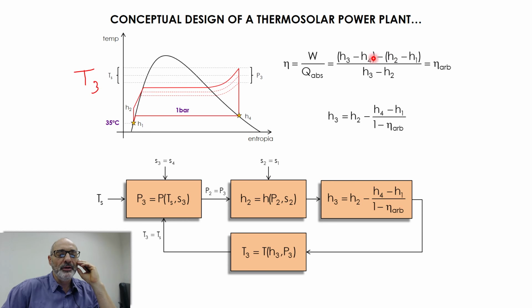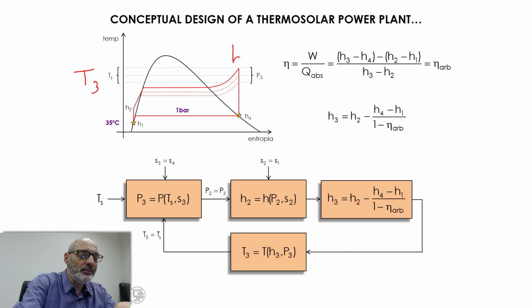So in the numerator here we have the net power, the surplus power. The denominator is the amount of heat absorbed, which is H3 minus H2. I forgot to write here, at this point we have H3.